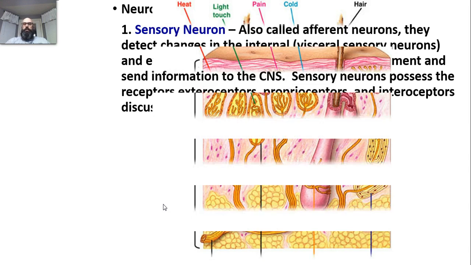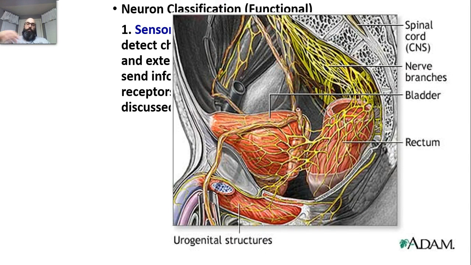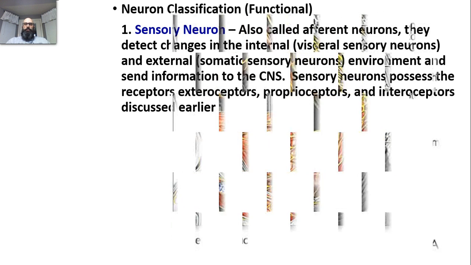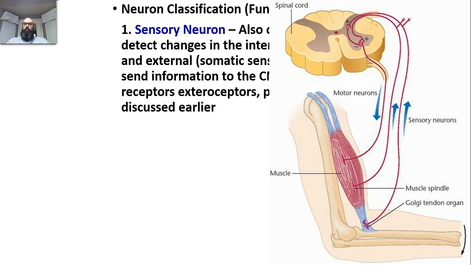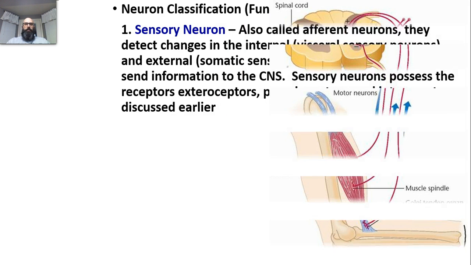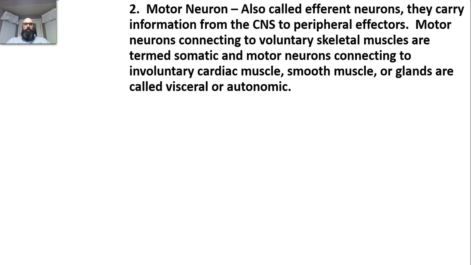These are exteroreceptors. These would be, not proprioreceptors, I apologize, interoreceptors, which are going to monitor the position and movement and conditions of the internal organs. And then again, here are proprioreceptors, which monitor the position of your body.